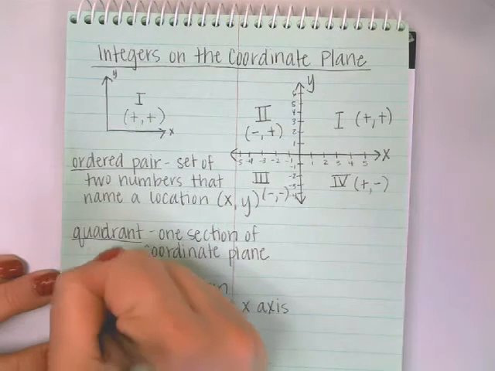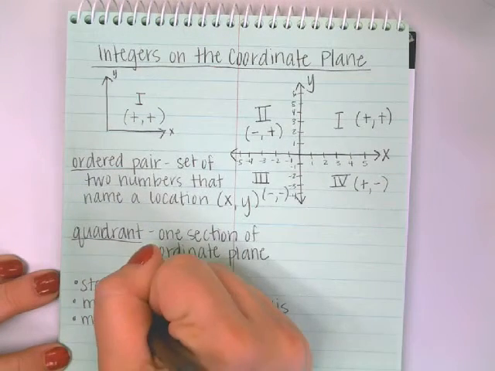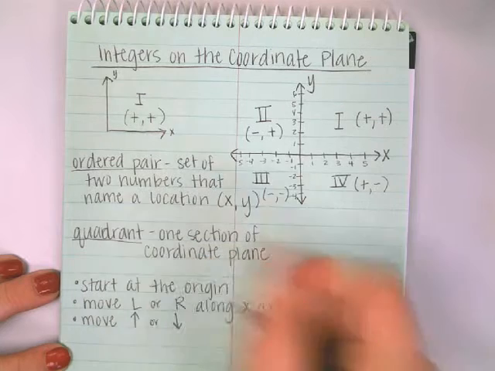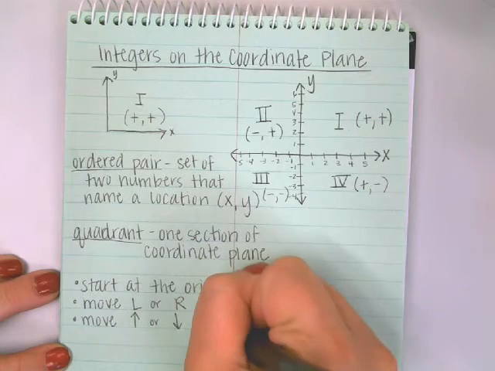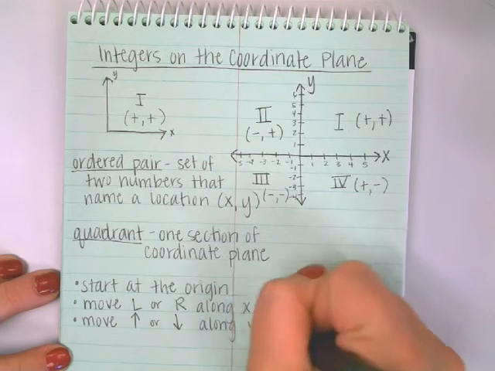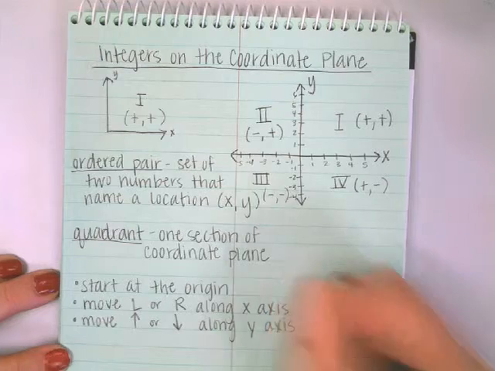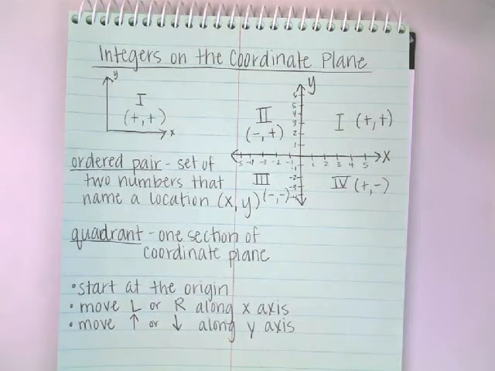Then from your x-coordinate, you move up or down along the y-axis. And you plot your point.